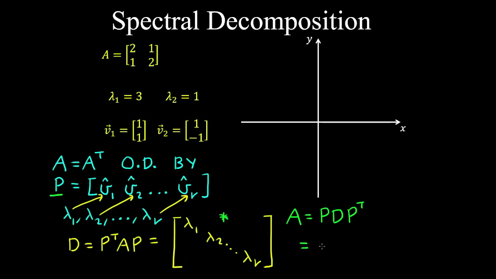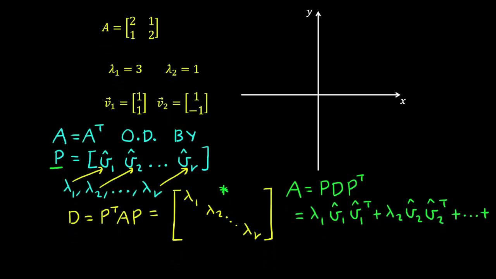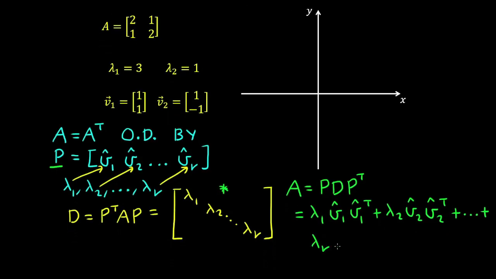and you obtain the following result, being the first eigenvalue times the unit eigenvector by its transpose, plus a second eigenvalue times v2 hat by the transpose of v2 hat, and so on, up to lambda r times v hat r by its transpose.